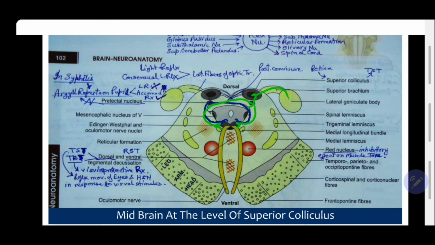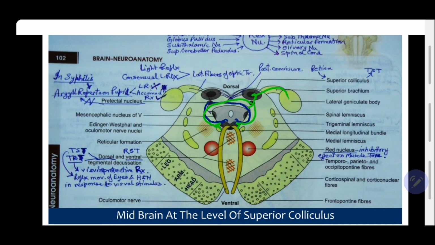The purpose of this red nucleus is to control the tone of the muscles of the opposite limb, mainly by stimulating the flexors and inhibiting the extensors of the opposite limbs.